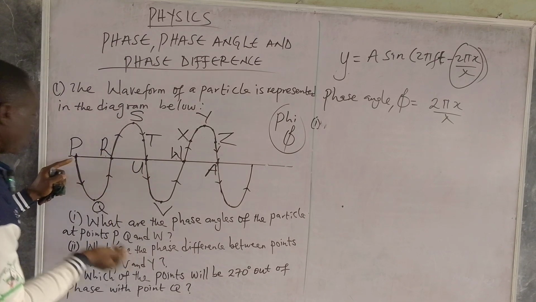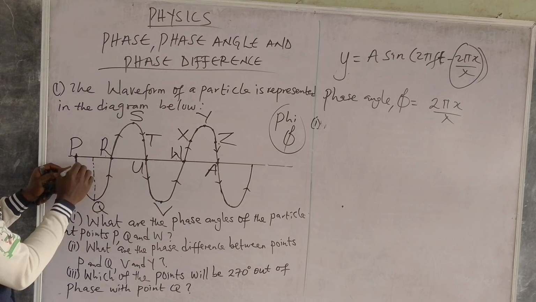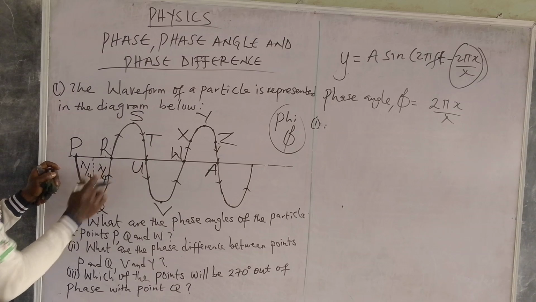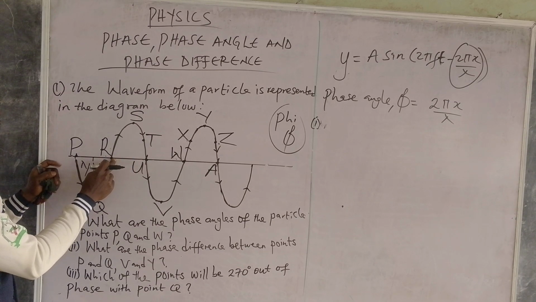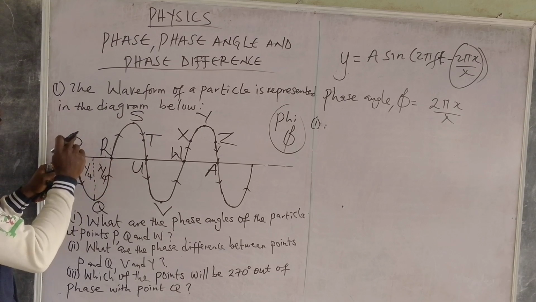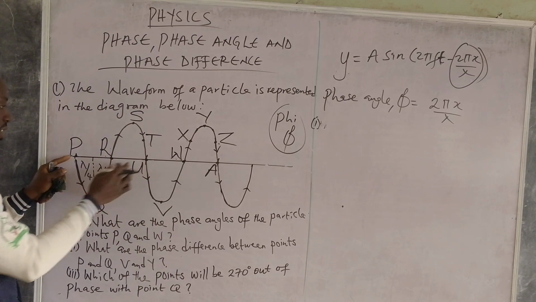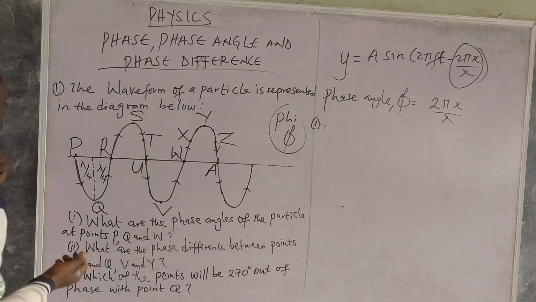Now, please, for your information, if I divide PR, this is lambda over 4. Lambda over 4. Are you following? So from P to R is lambda over 2, while from P to U is what? Lambda. That's the distance between two successive points which are in phase.